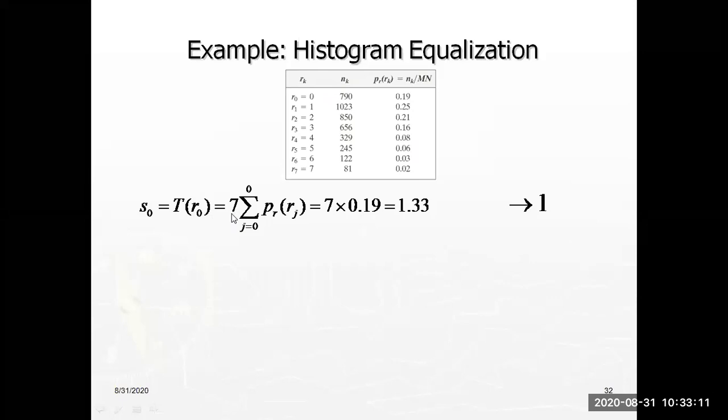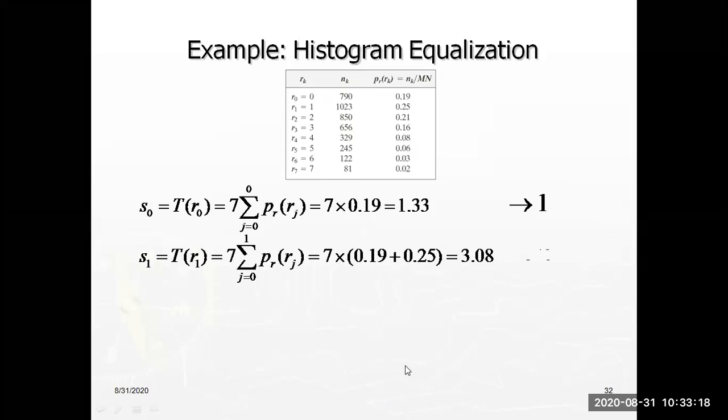L minus 1 means 7. So 7 into sigma j equal to 0 to 0, PR of Rj. What is my probability PR of Rj?